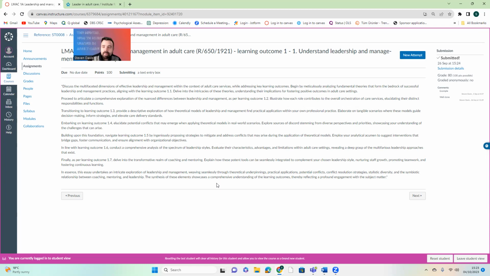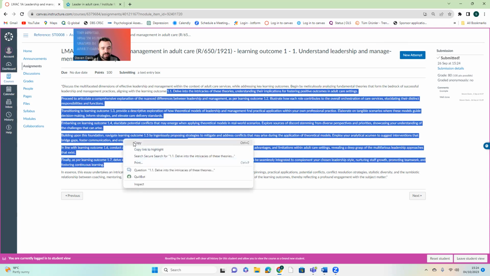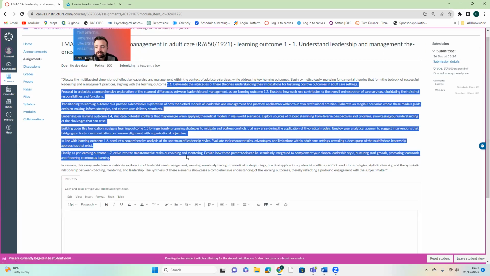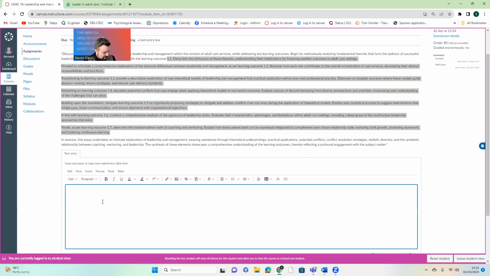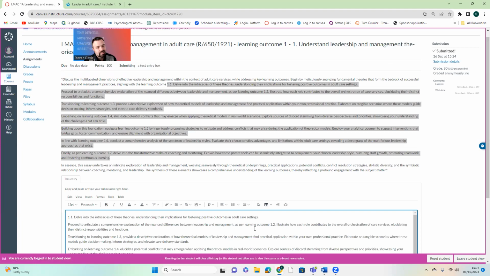So here, what we would expect you to be doing is under new attempt, I would copy and paste this. That almost becomes your introduction. Go to new attempt. Go here, pop that in there, and then you can just plop your answers under each piece.